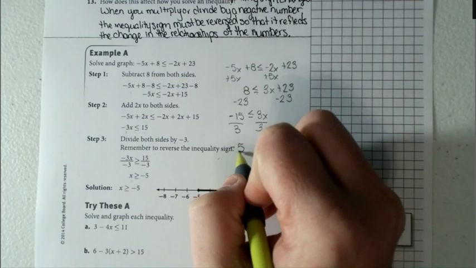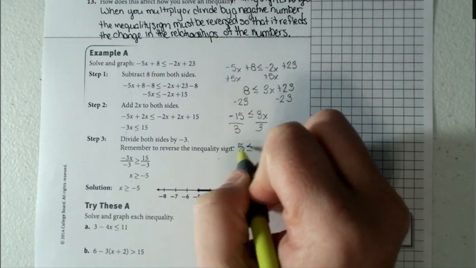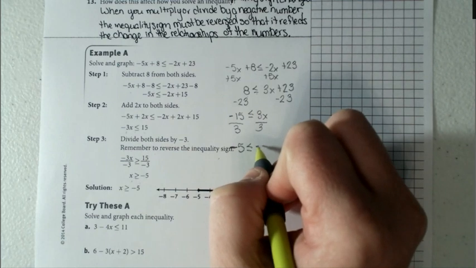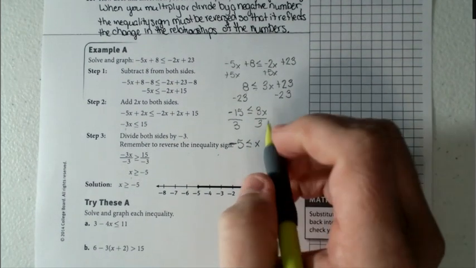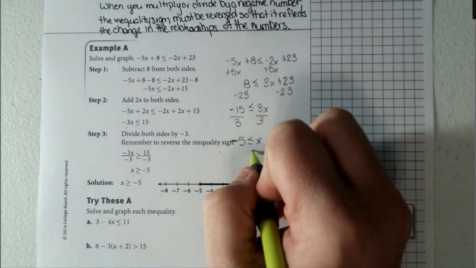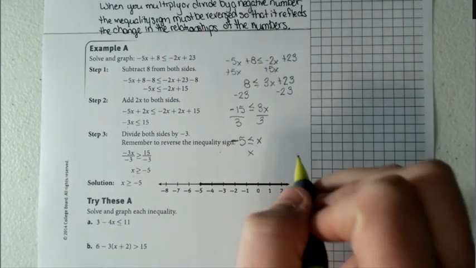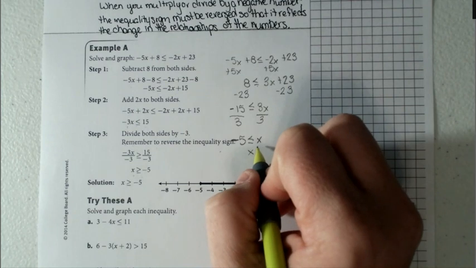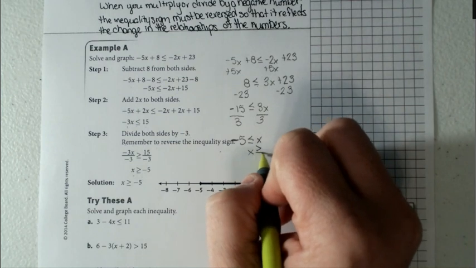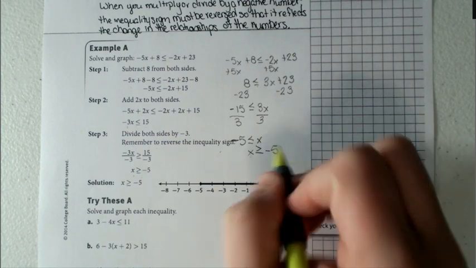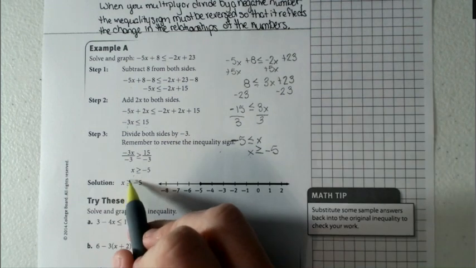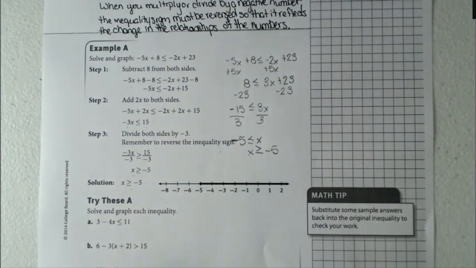This would have given us negative 5 is greater than or equal to x. Well, we always tend to write our x in the first position, but remember that if we did that, the mouth has to stay in the same direction. So it would still open up to the x. So I did come up with x greater than or equal to negative 5.